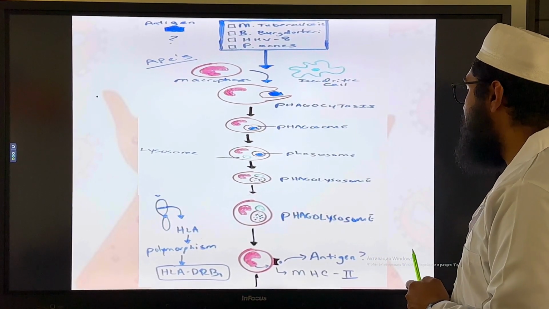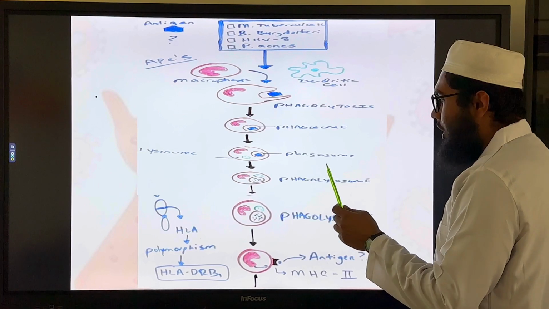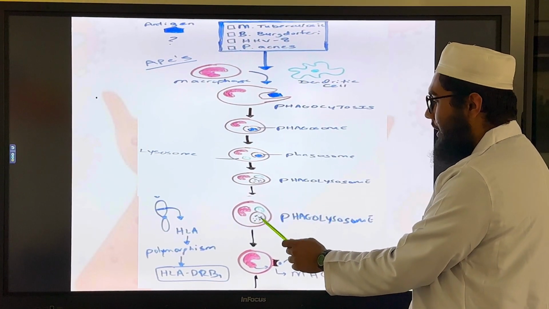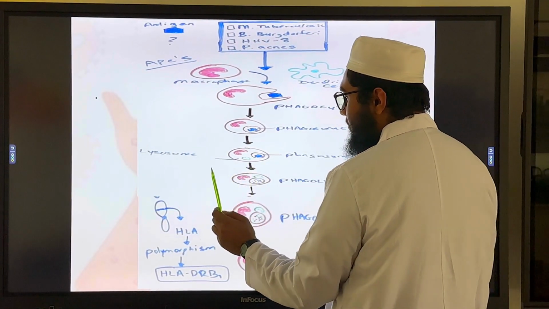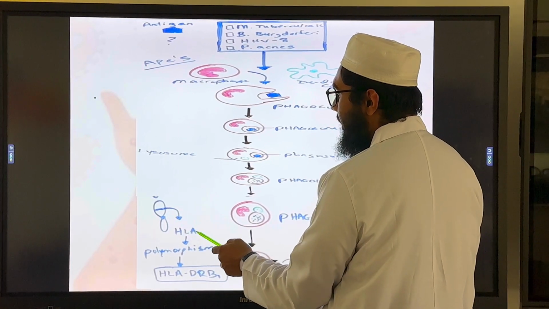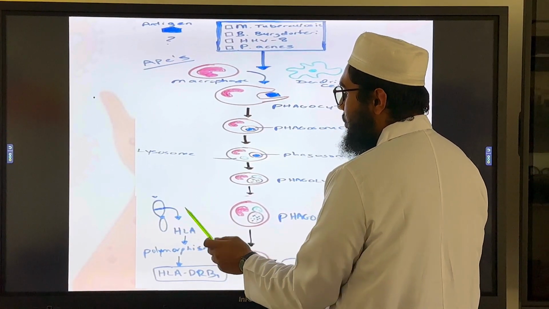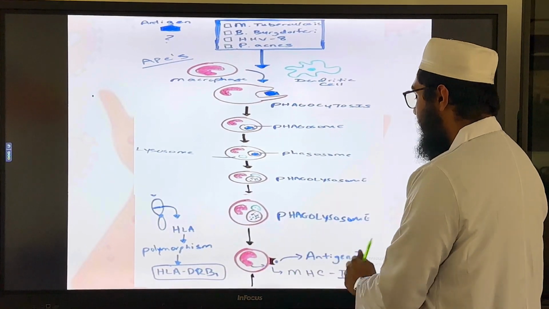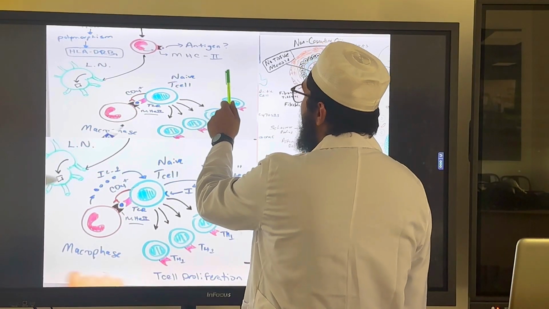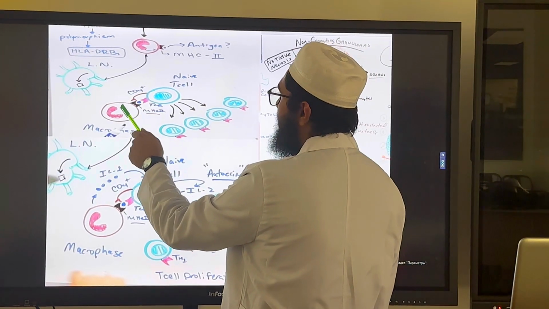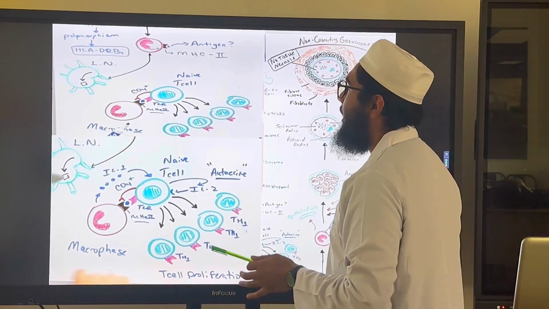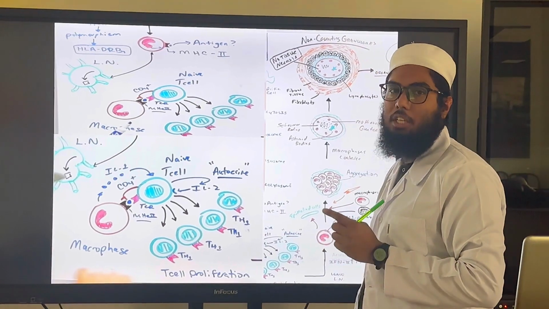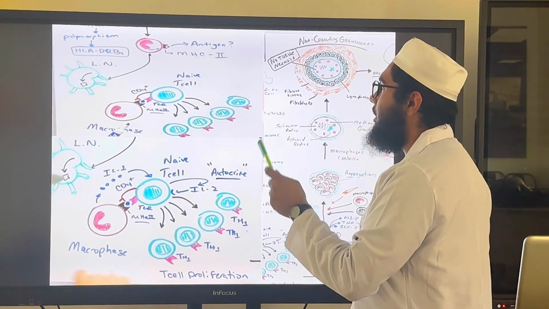After the phagolysosomes, there is a nucleus in which we have HLA on the 6th chromosome, which will go for polymorphism and release HLA-DRB1, and the MHC class II complex goes to a lymph node, any lymph node in our body. Macrophages and T cells play a role in the lymph node.